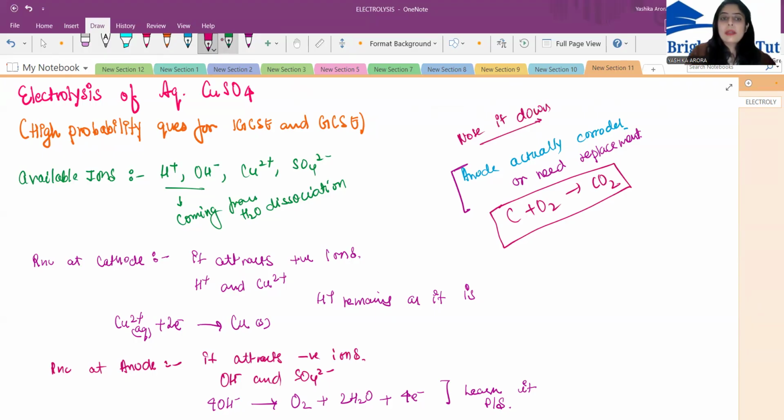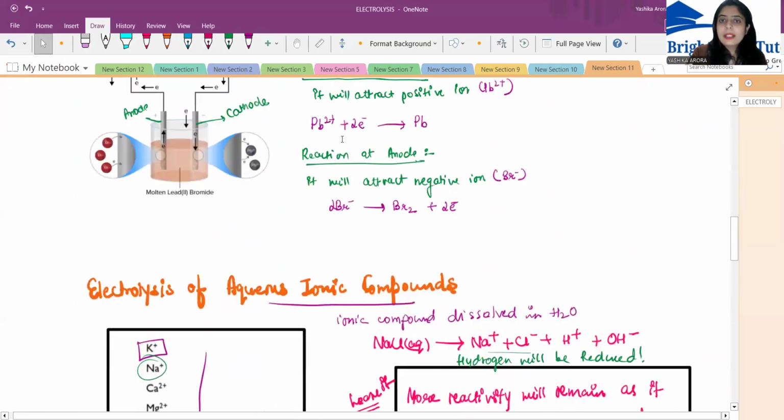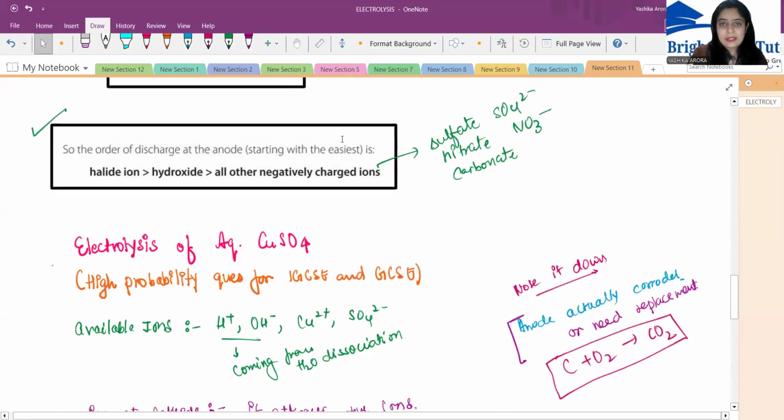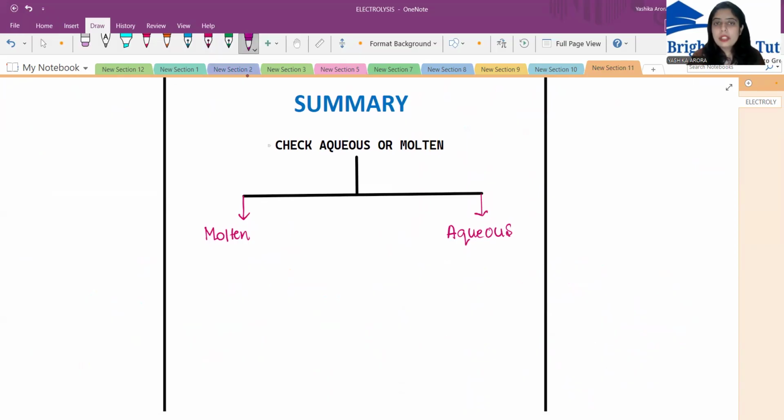Okay, fine. So that's it for your electrolysis. Let's quickly summarize this entire process. What you need to do is check whether it's aqueous or molten. If it's molten, at the cathode, metal is formed, and at the anode, non-metal.